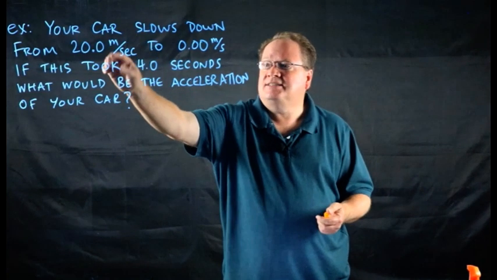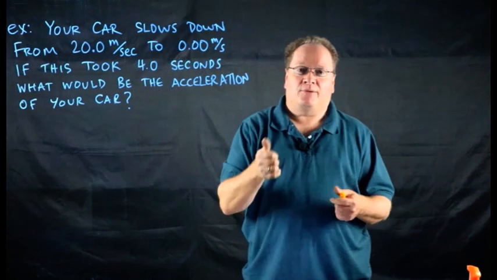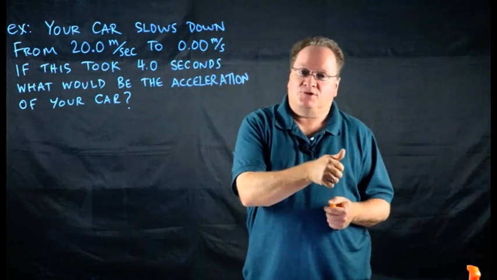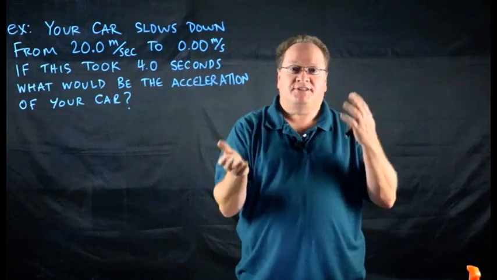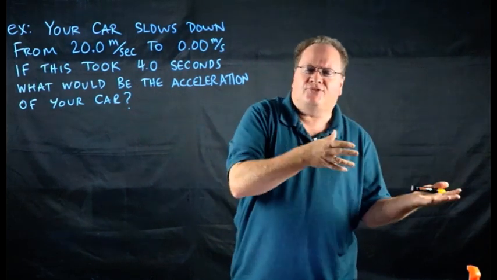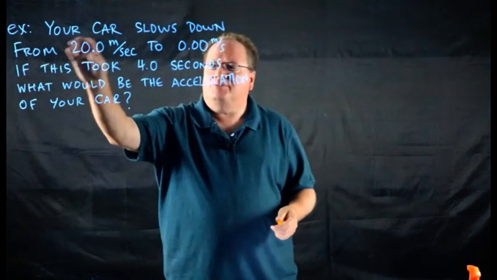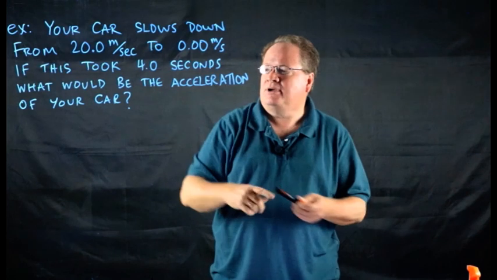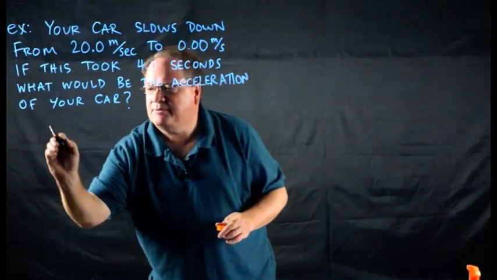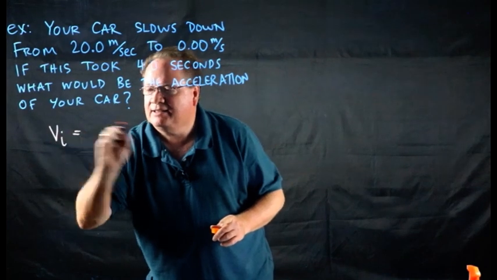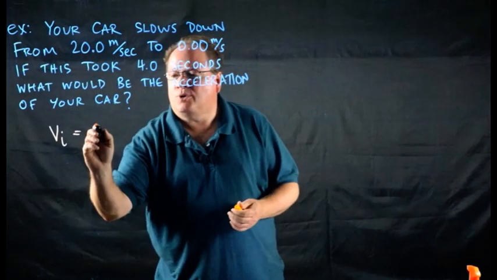My issue is that I have two velocities here, and one of them came before the other. This is why visualizing what's happening is really important, because this allows us to distinguish what was the first velocity and what was the last velocity. If it went from 20 to 0, then my initial velocity, the speed I was going at in the beginning, we'll call that VI, it was 20 meters per second.